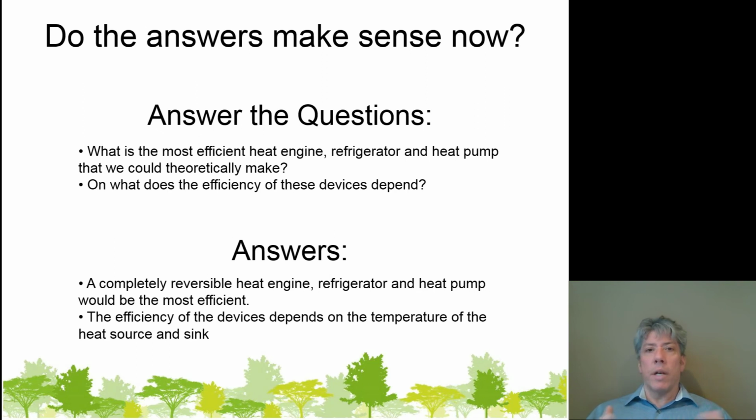For example, if I wanted to make my refrigerator more efficient, and I've thought of doing this, I haven't done it yet, I could take the coils and in the wintertime expose them to the outdoors, right? Because then the temperature sink is already cold. It would be very easy for the compressor to run and compress the refrigerant because the heat already wants to flow from inside of the refrigerator to outdoors, assuming that it's below 0 degrees outside, or below the freezer temperature too, which is probably negative 20 or 25, something like that.